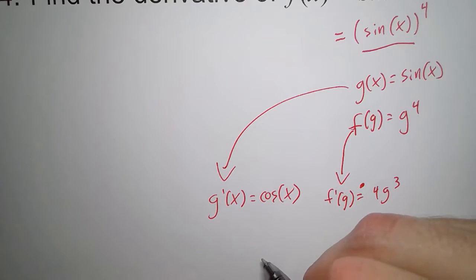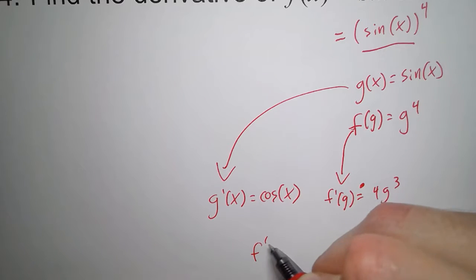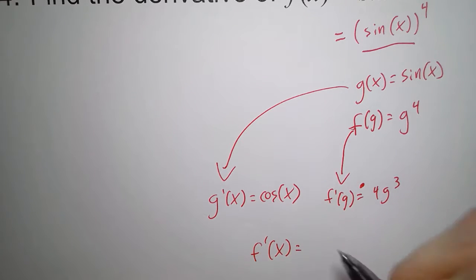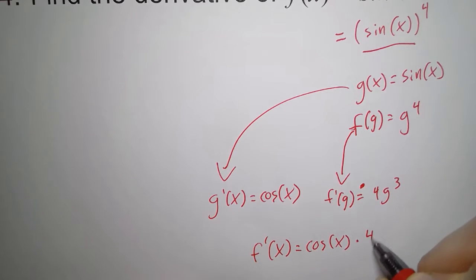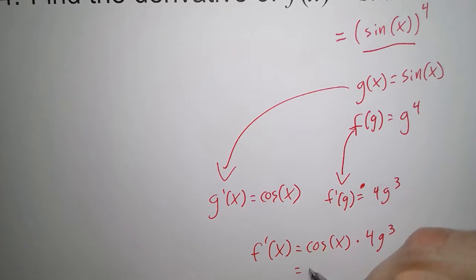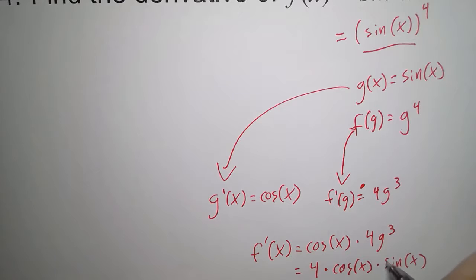So we have f prime of x equals cosine of x times 4g to the 3rd. We replace the g with sine of x, and I'll move the 4 out front. So 4 times cosine of x times sine of x, and that's being raised to the 3rd.